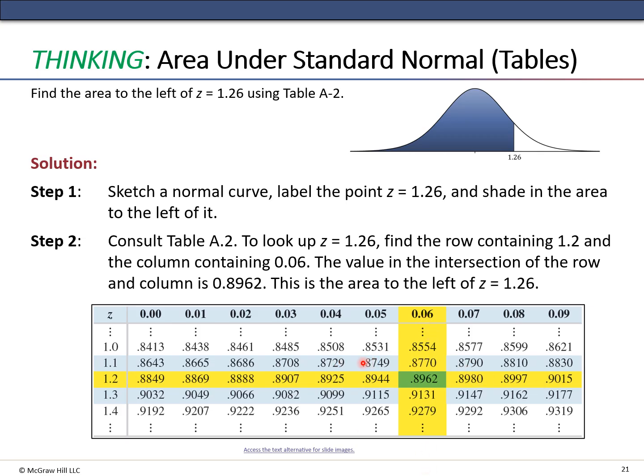Not sure why I highlighted 3 columns there, but anyway. The value at the intersection of the row is 0.8962. This is the area to the left. Almost 90% of the data is below a z-score of 1.26.